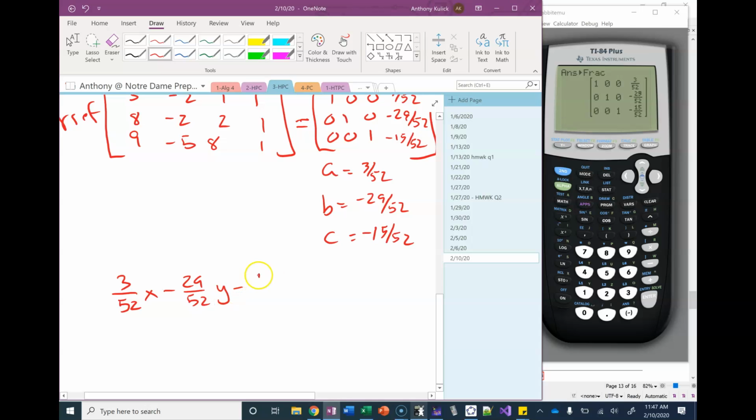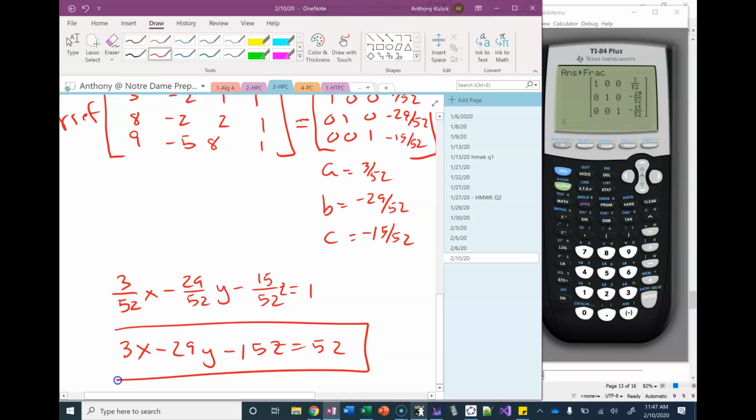This is the equation with the little a, little b, little c. And now all I'm going to do is just clear the fractions. So what do I need to multiply both sides of this equation by to get rid of the fraction? 52, right? There's my final answer.